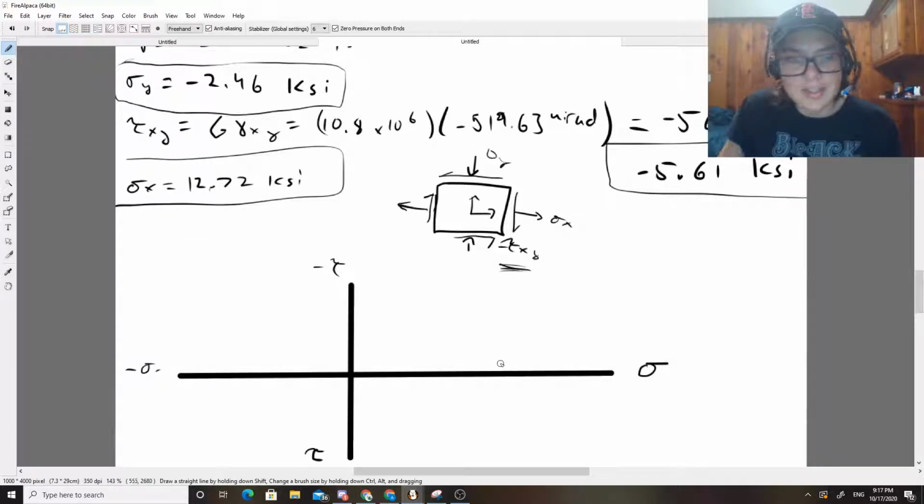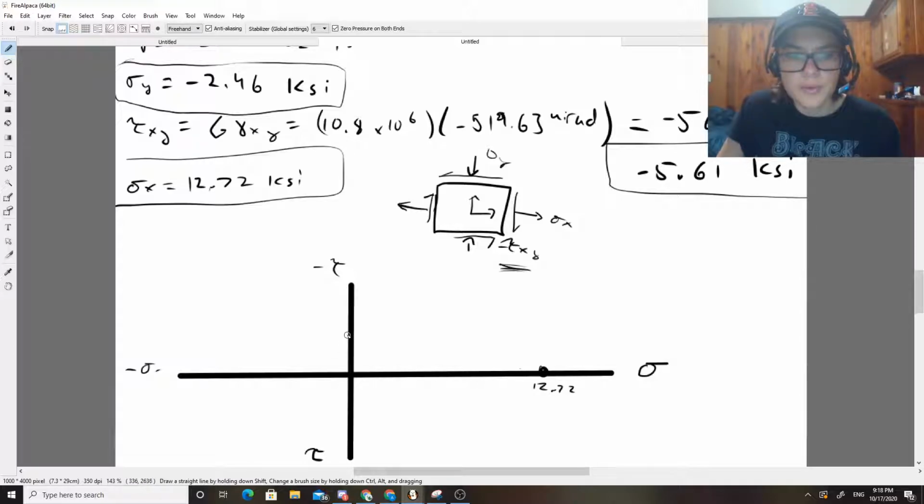I just find it more intuitive. So the first thing we're going to do is plot stress x, which on the stress line is equal to 12.72. We'll say that's somewhere around here. We'll say that's 12.72.